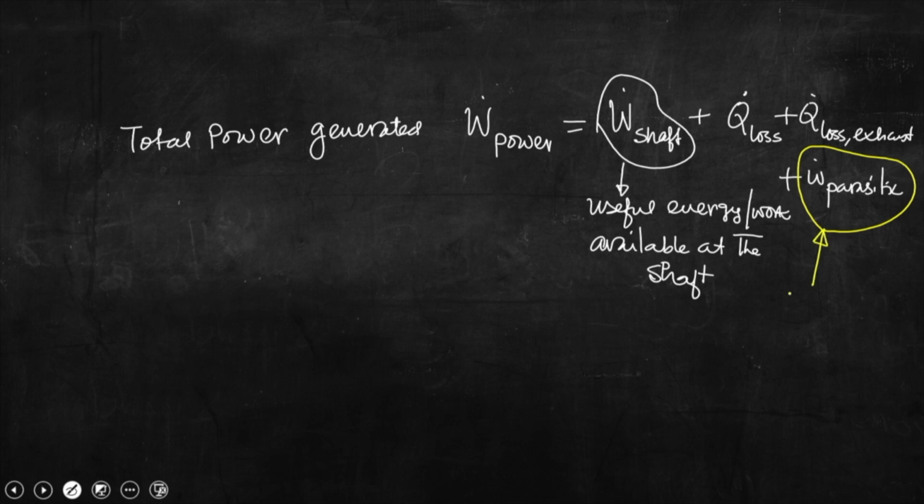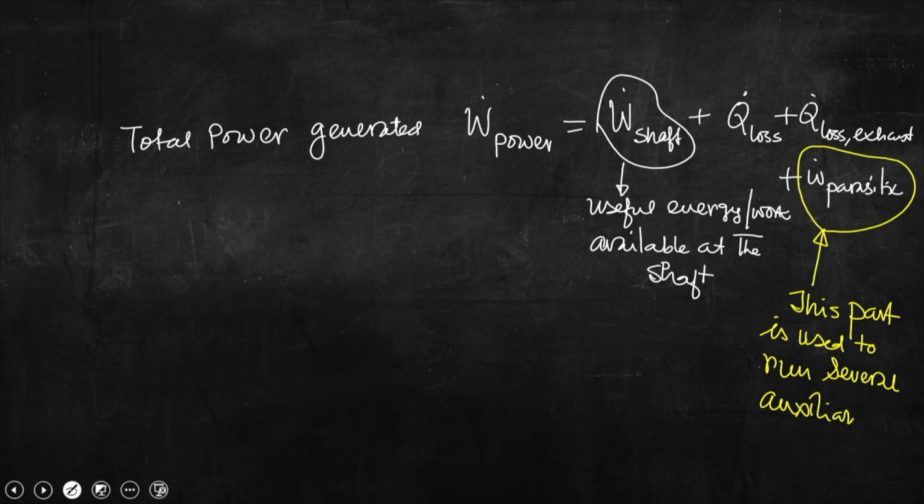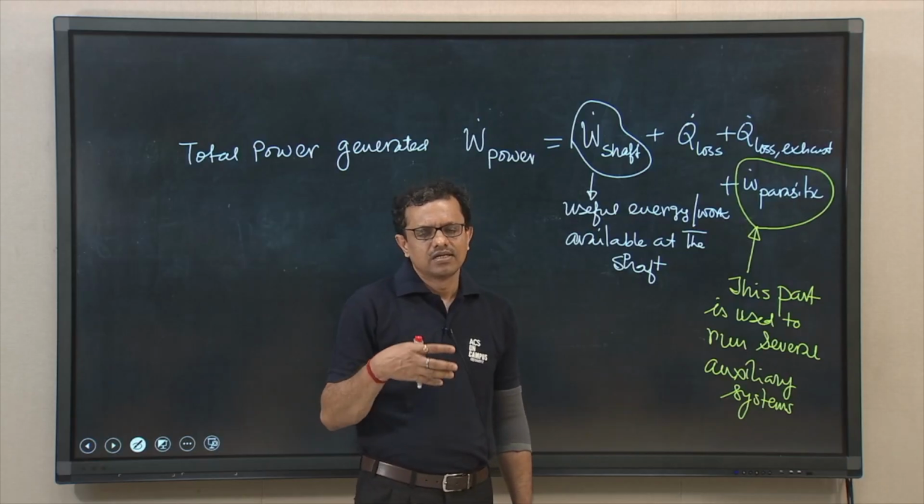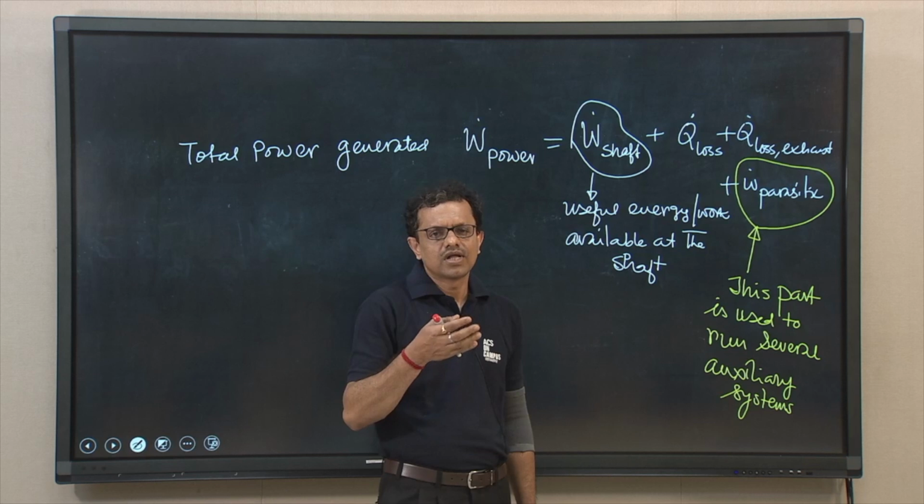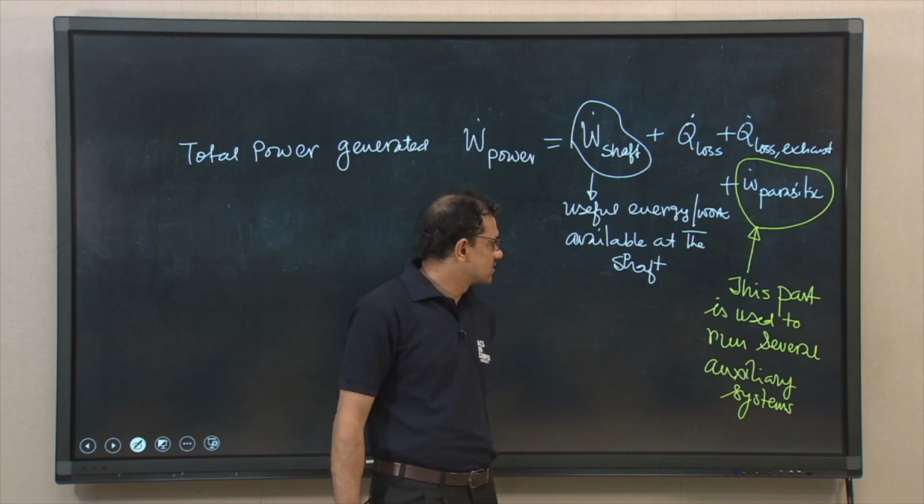So, this part is used to run several auxiliary systems, like air conditioning unit, several lights, to run a small pump, all these things.